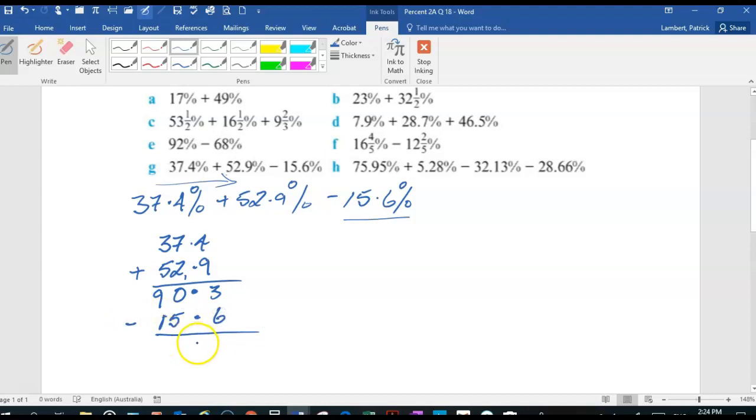And again, we fix the decimal point first because it's a subtraction sum. 6 from 13 is 7, and 5 from 9 is 4, and 1 from 8 becomes 7. So the answer equals 74.7%. There we go. Save that one, close it off.